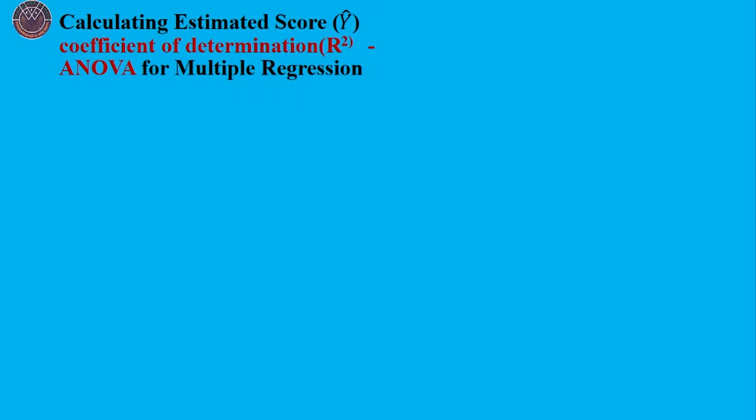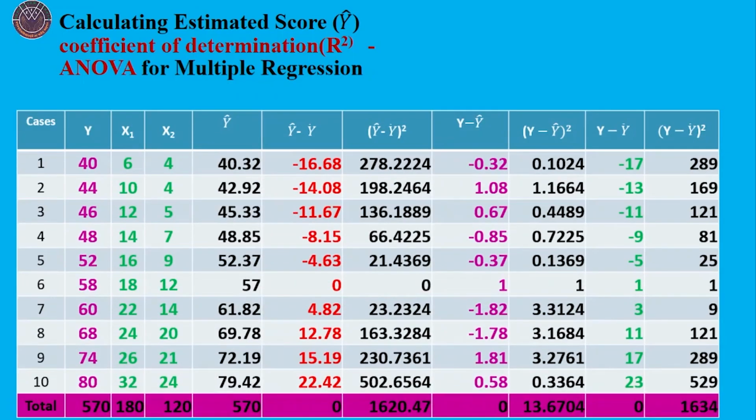So we have already seen that one. This is our situation. We have got y values, we have got x1, x2, and we can always estimate y cap using our line of best fit. We can estimate y for each value of x1 and x2 because we have got beta 0, beta 1 and beta 2.